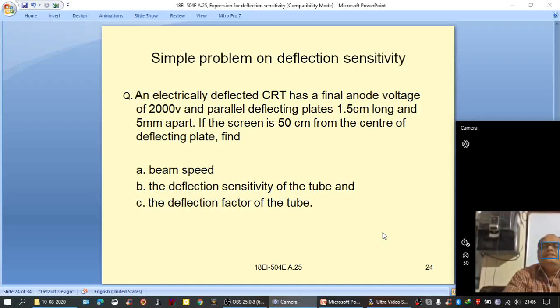If the screen is 50 centimeters from the center of the deflecting plates, find the following: beam speed, deflection sensitivity of the tube, the deflection factor of the tube.